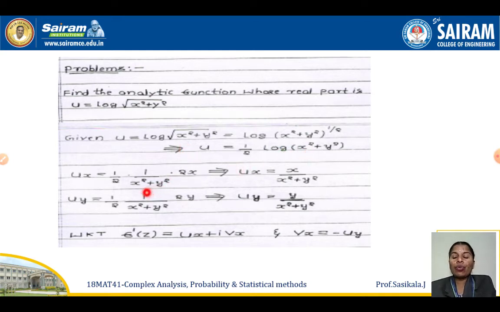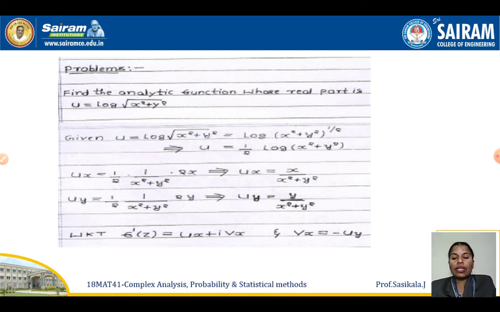So ux is equal to 1 by 2 into 1 by (x square plus y square) into 2x, since y square goes to 0. The 2 gets cancelled, so ux is x by x square plus y square. Similarly uy is y by x square plus y square.